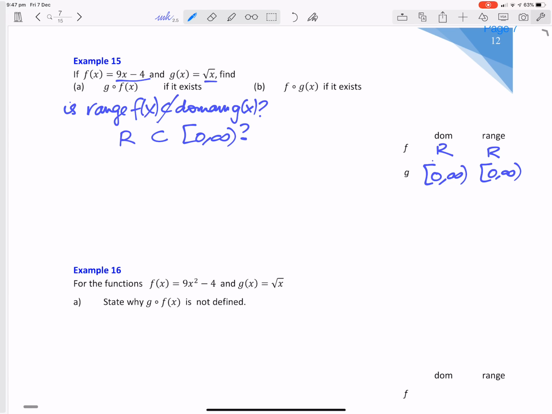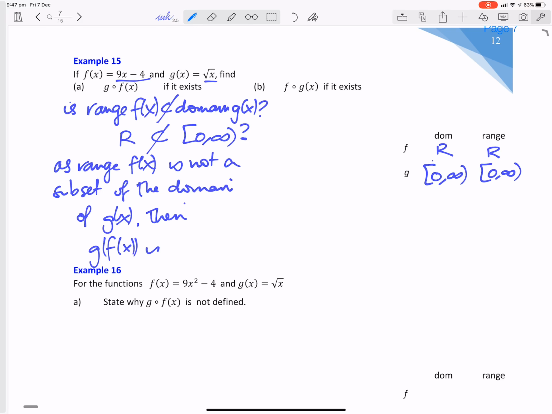No. So, as the range of f of x, and you have to state this, is not a subset of the domain of g of x, then g of f of x is not defined.